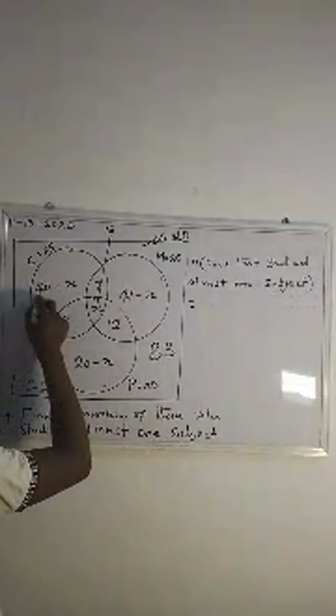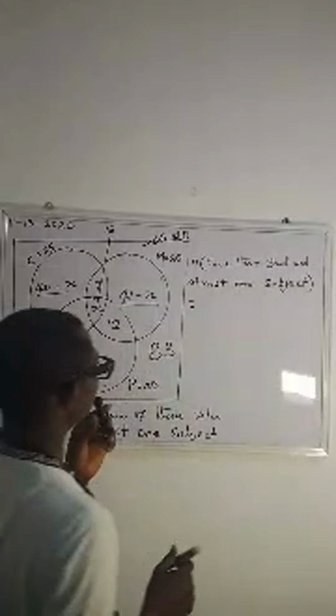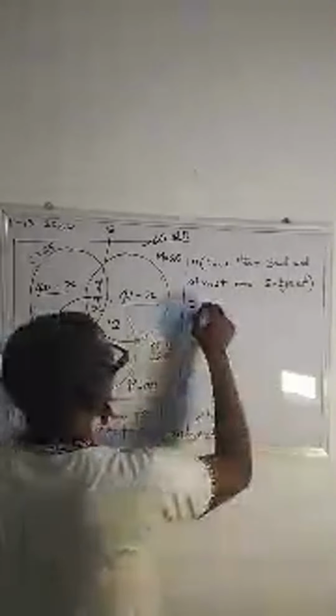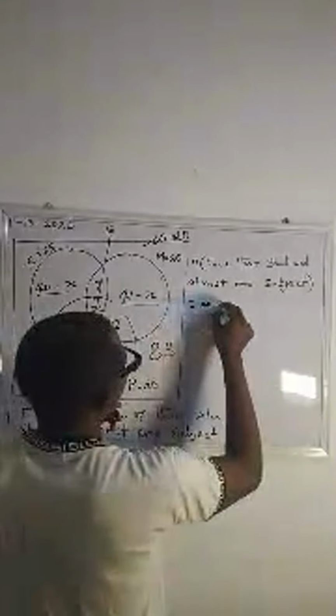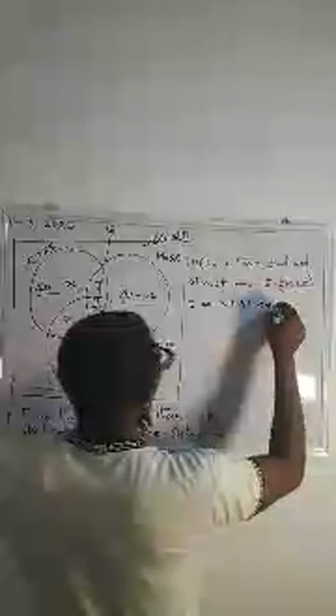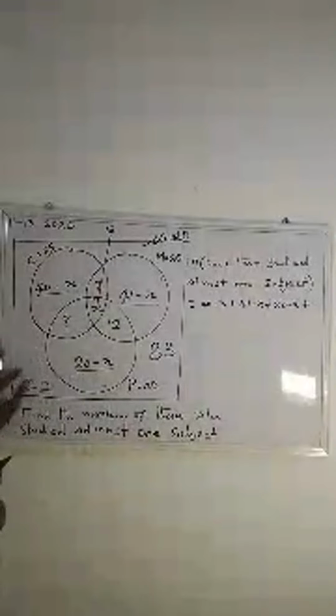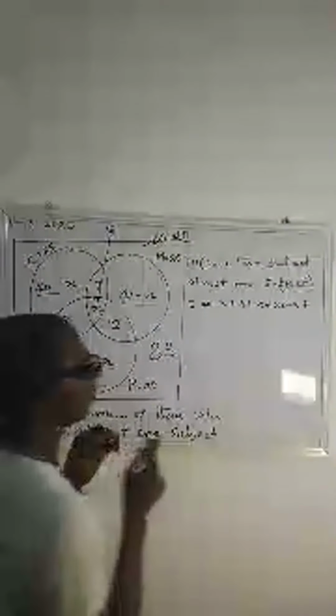This is only one, this is one. So we have 40 minus x plus 41 minus x plus 20 minus x plus, now those that did not study any of the subjects, so that's plus 22.